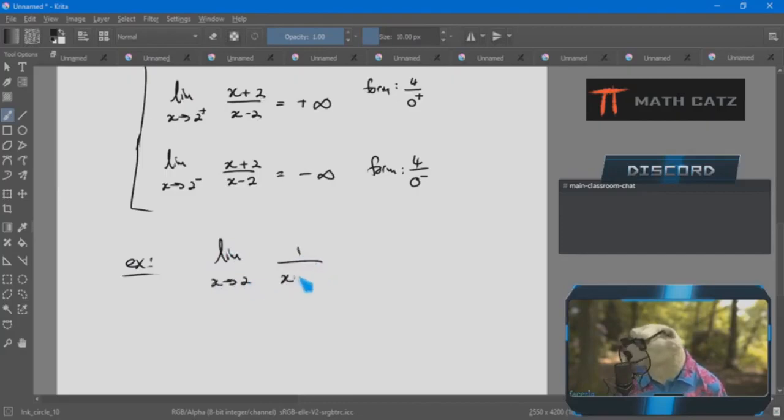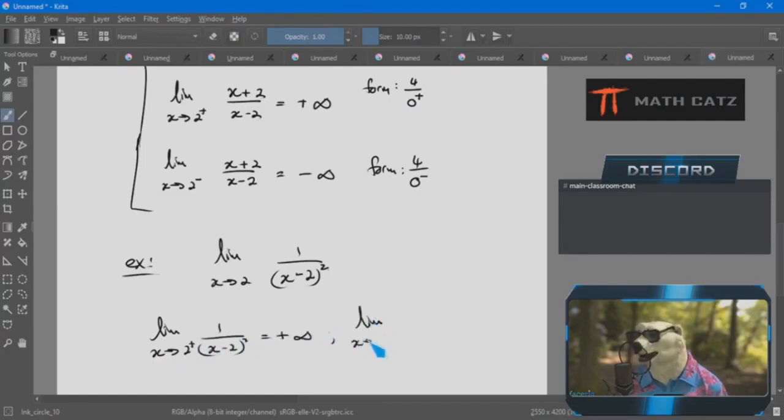If I had something like this, then on either side, I'll write it out. You can convince yourself. This guy is always going to be positive. This guy, if I approach from the other side, because of the square, it's also positive.